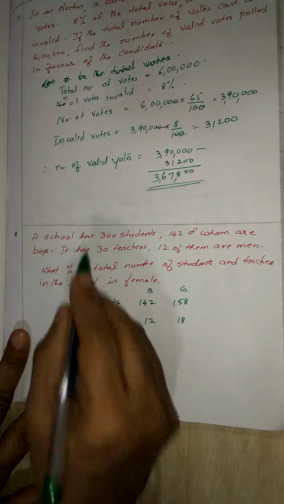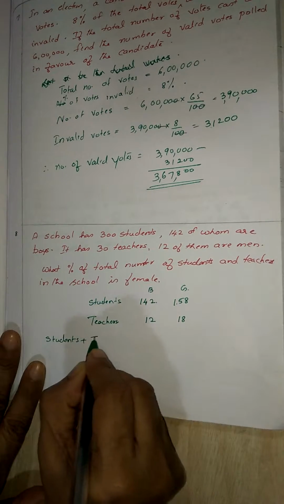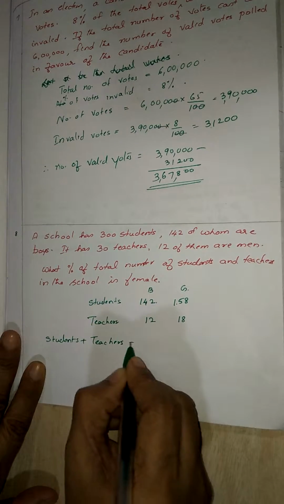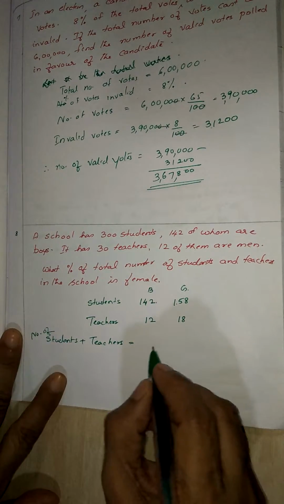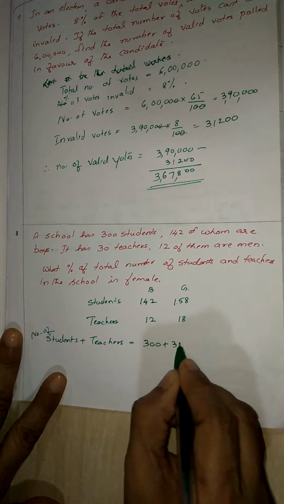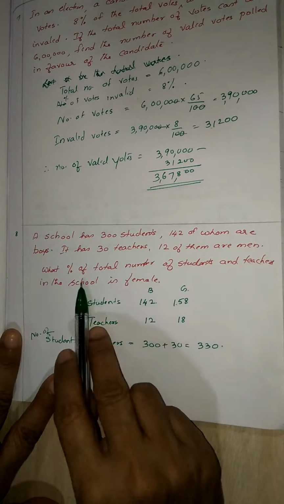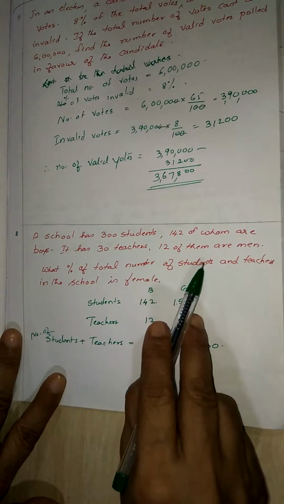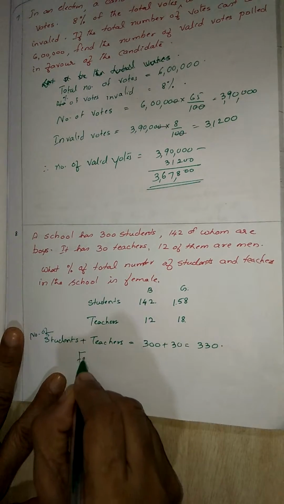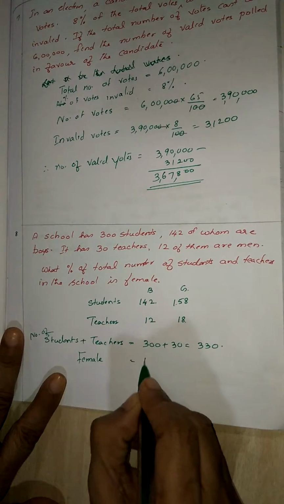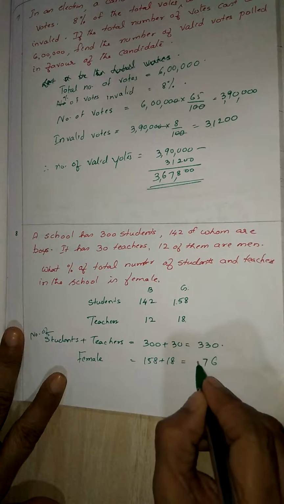So now the total number of students plus teachers is equal to total strength. Students plus teachers is equal to 300 plus 30 is equal to 330. Now total number of students and teachers in the school female. So female is 158 plus 18, so 176.